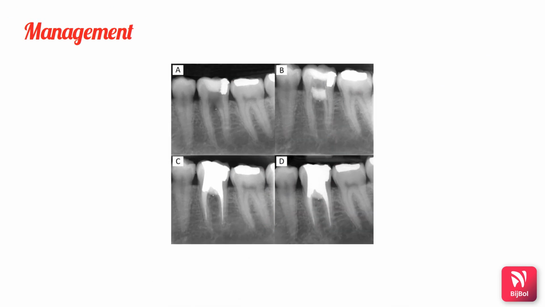Then you can see the master cone and the radiograph after the obturation. So always seal the perforation with a biocompatible material so that there would be no seepage of fluid inside and outside.